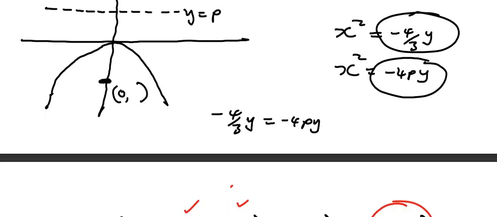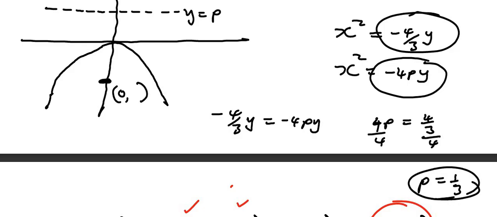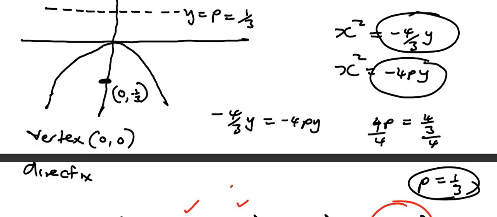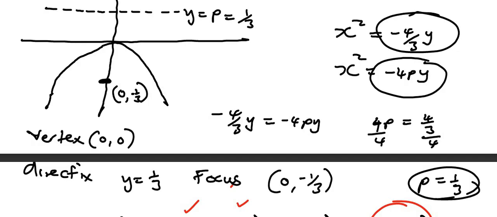If I cancel the negative and cancel the y, I get 4p is equal to 4 over 3. I divide by 4, meaning p is equal to 1 over 3. So my vertex, we know it's at the origin, is 0, 0. The directrix is y is equal to 1 over 3, and the focus is going to be 0, negative 1 over 3.